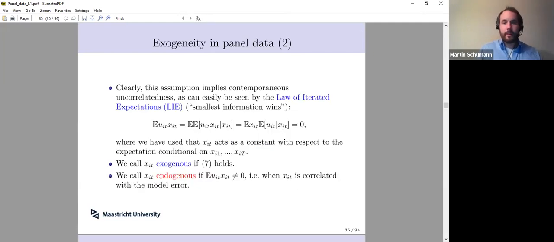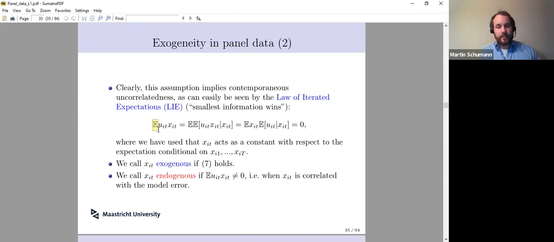Okay, next, of course, contemporaneous exogeneity clearly implies contemporaneous uncorrelatedness. Again, by using the law of iterated expectations, you can easily show this.